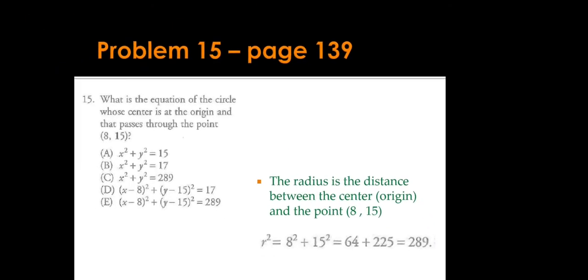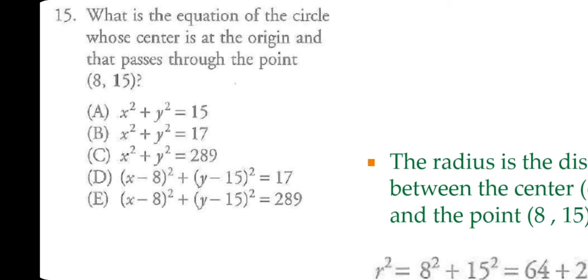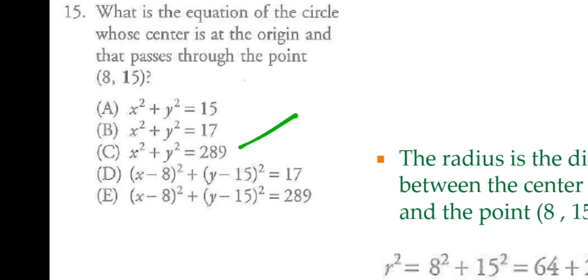And here in this case, r squared is 8 squared plus 15 squared, which equals 289. If you look at the options here, you will see that you have 2 289s.